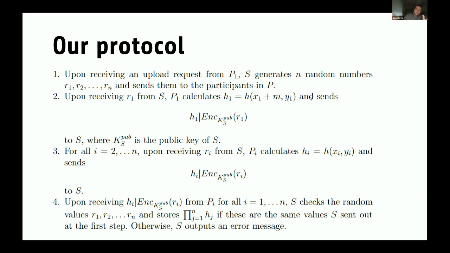So here the purpose of these values is not authentication. This just enables the server to check that everybody indeed took part in the computation. This is the only purpose of these random numbers.